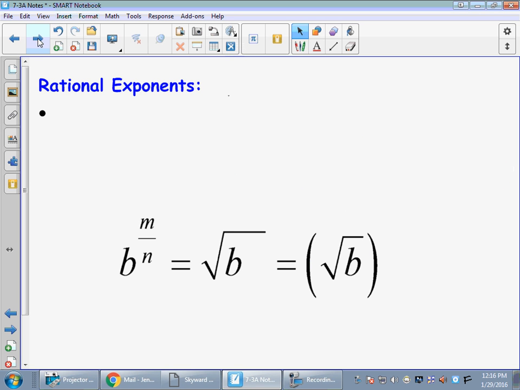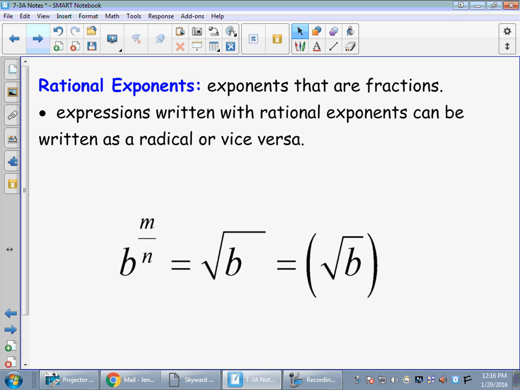Now, that should be mostly review for you, those buttons. We're going to talk about rational exponents. The term rational means numbers that you can write as fractions. So if you're going to have a rational exponent, that means these exponents, these little powers, can be fractions. So it's a little odd. We won't do a ton with them.